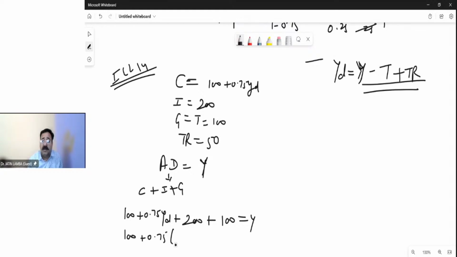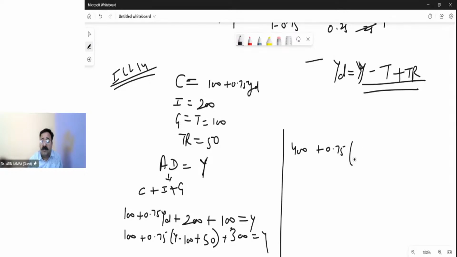What will YD be? Disposable income, Y minus taxes. Taxes are 100 plus transfers. Transfers are 50, plus 200 plus 100, 300, right? Now 300 plus 100, 400.